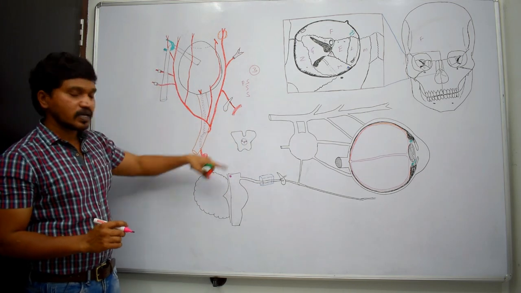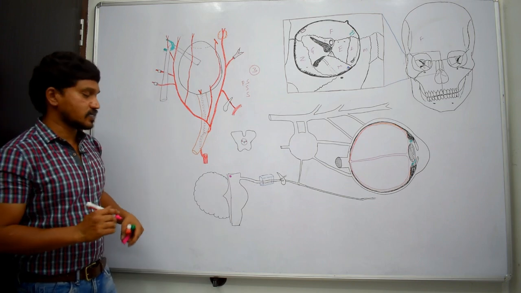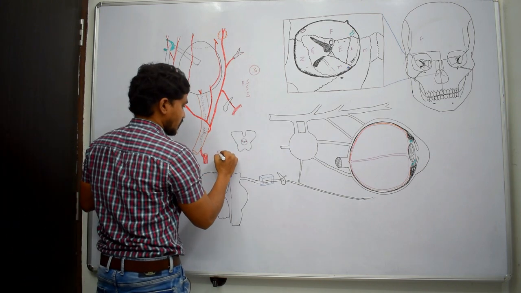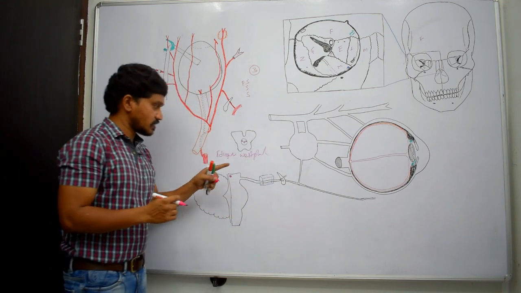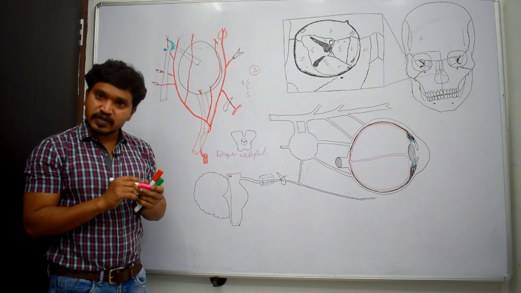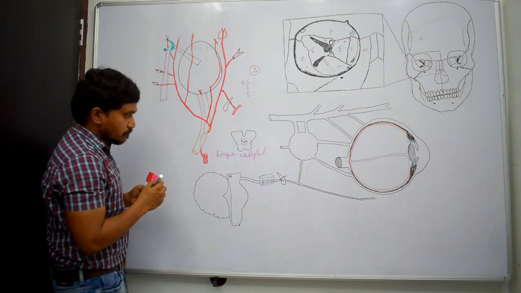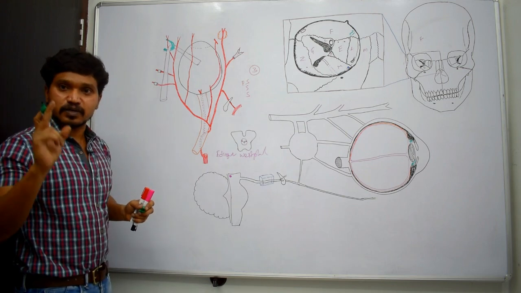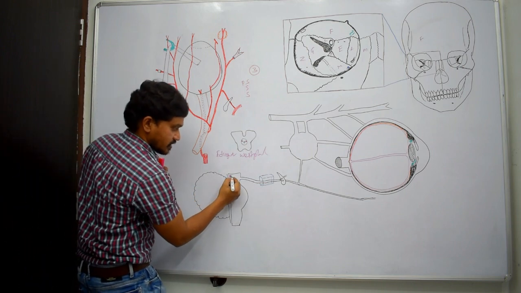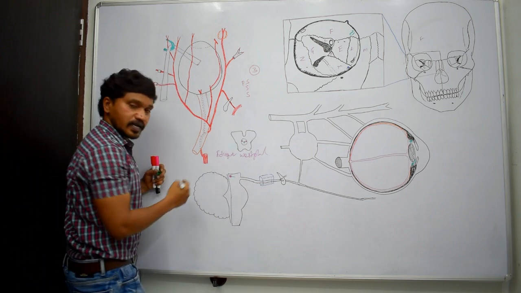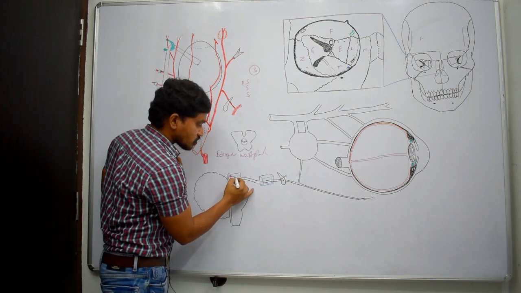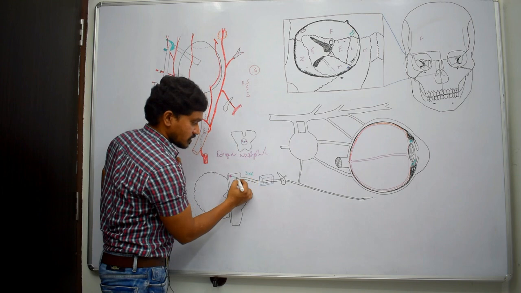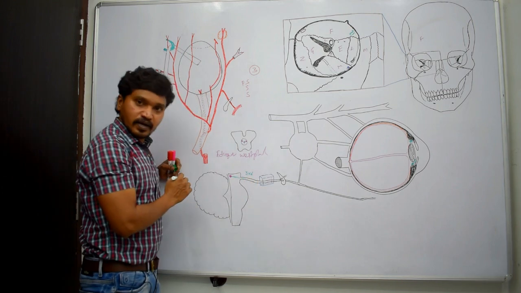What are these nuclei? Edinger-Westphal nucleus, right? So from the Edinger-Westphal nucleus, preganglionic parasympathetic fibers arise. These fibers pass through the third cranial nerve, right?